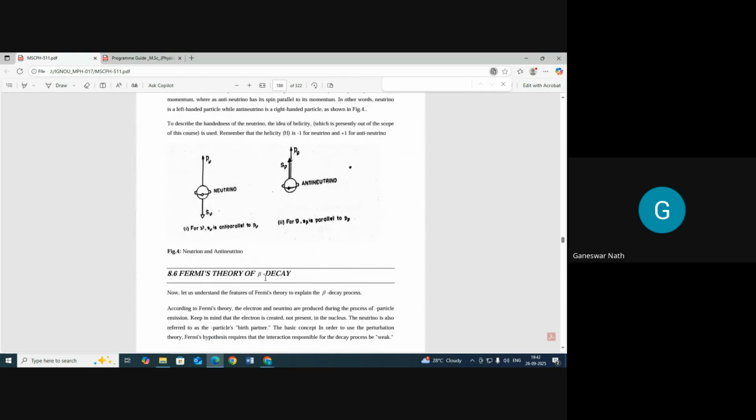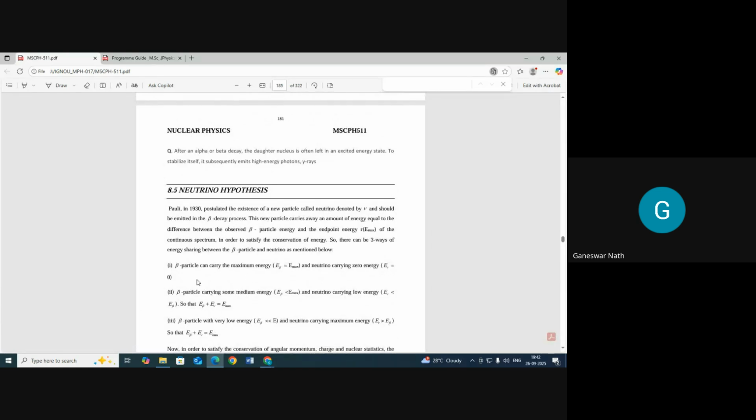Now, coming to the neutrino hypothesis of beta decay. Pauli in 1930 postulated the existence of a new particle, called the neutrino, that is emitted in the beta decay process.